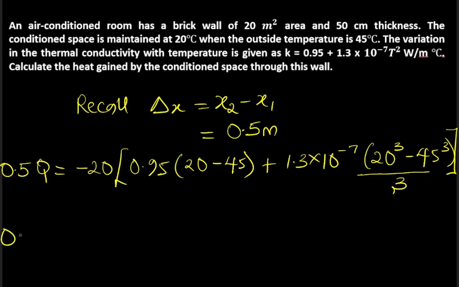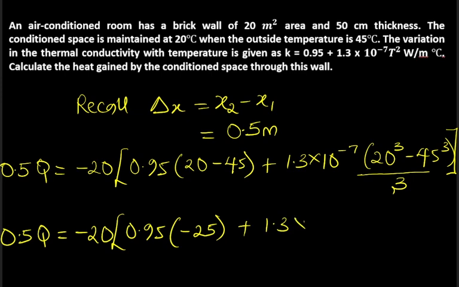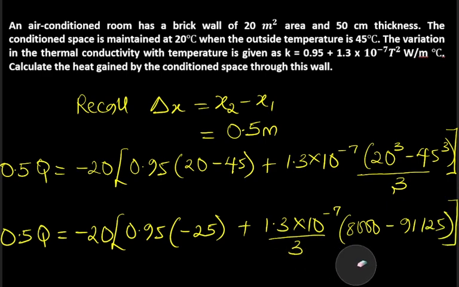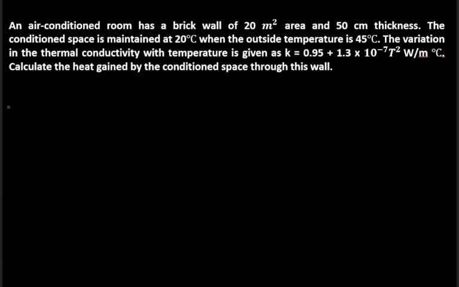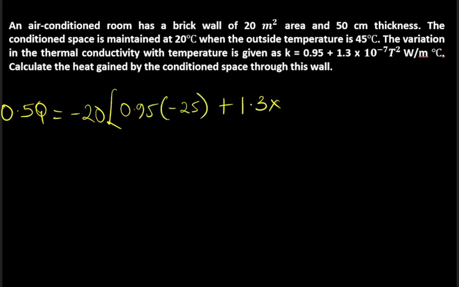So from here we are going to have 0.5 Q equal to minus 20, which is our area, into 0.95. 20 minus 45 is negative 25, plus 1.3 times 10 to the power of minus 7 divided by 3. 20 raised to the power of 3 is 8,000 minus 91,125, which will yield negative 83,125.